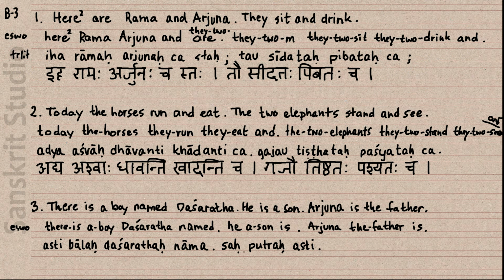And here also saha is in the same singular nominative as putraha, so they go well together there. And then we should do the same here with Arjunaha and the father, Janaka asti.